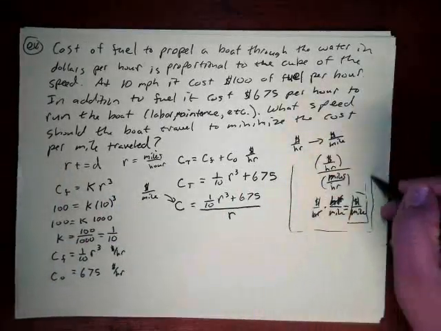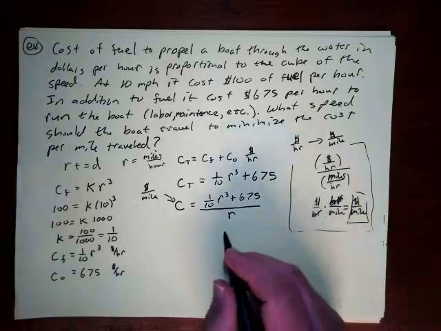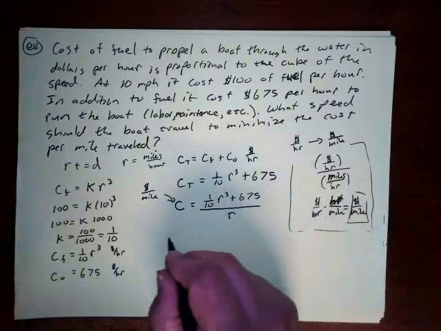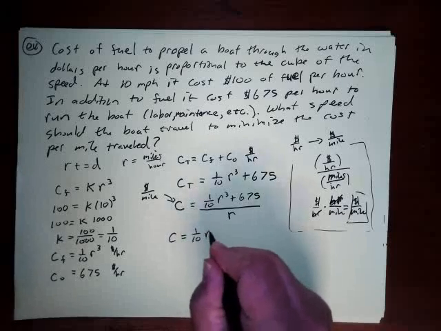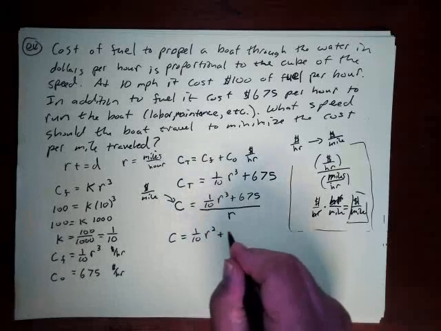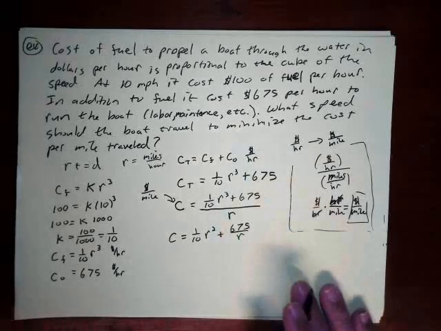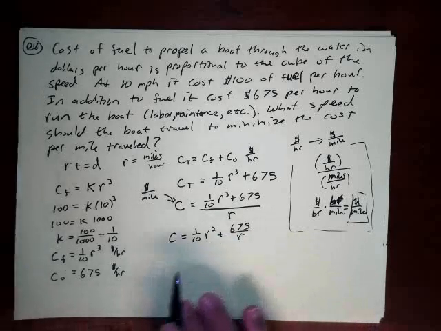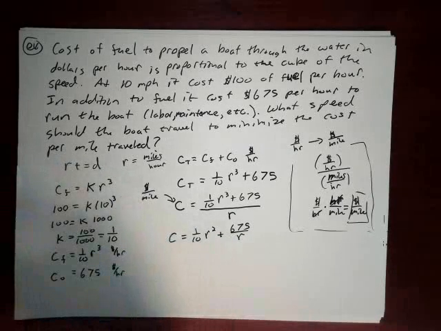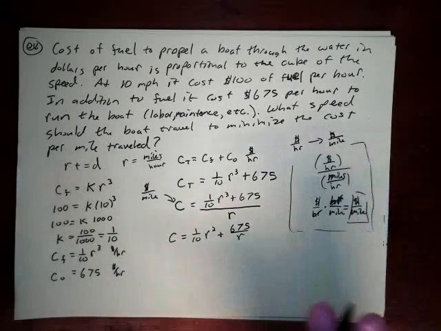It took me a little time to figure that out. Not obvious, and I'm sure I made that look easy. But this thing then, I could simplify, and it would just be 1/10 R squared plus 675 over R. And so this is the cost equation, where you put in the speed, you get out the cost in dollars per mile. Okay? And so we really had to pay attention to those units.